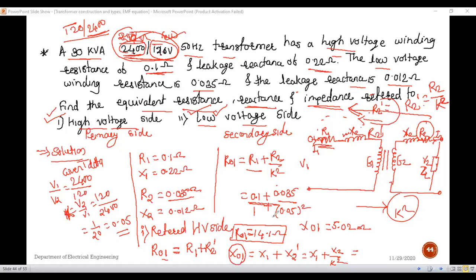We know the value of X01. We know the value of R01. Can we calculate the value of Z01, equivalent impedance? Yes. What is the formula? Under root of R01 square plus X01 square. It is nothing but Z01, equivalent impedance referred to high voltage side.